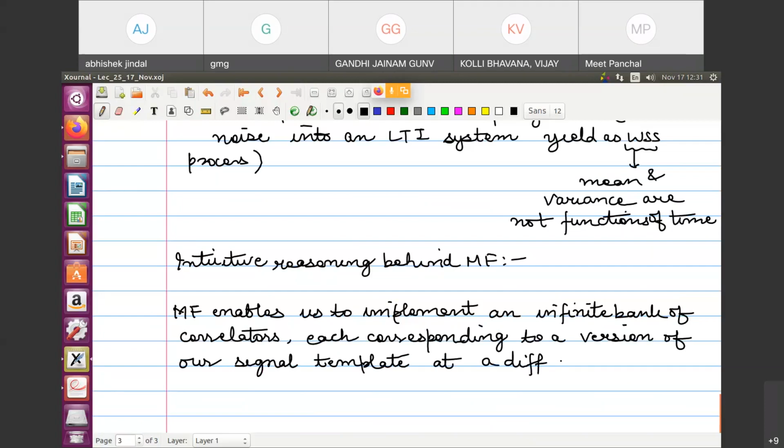This can be clearly seen from what we are doing.